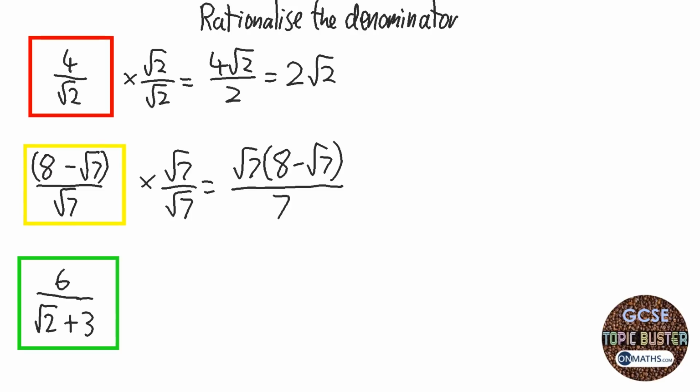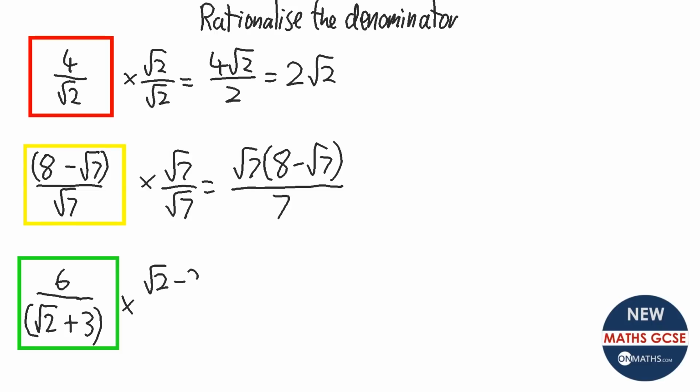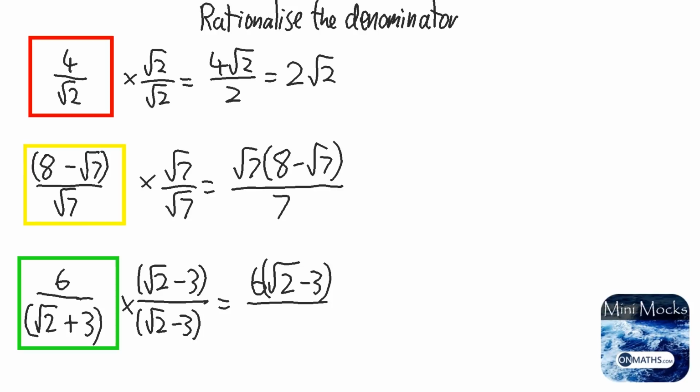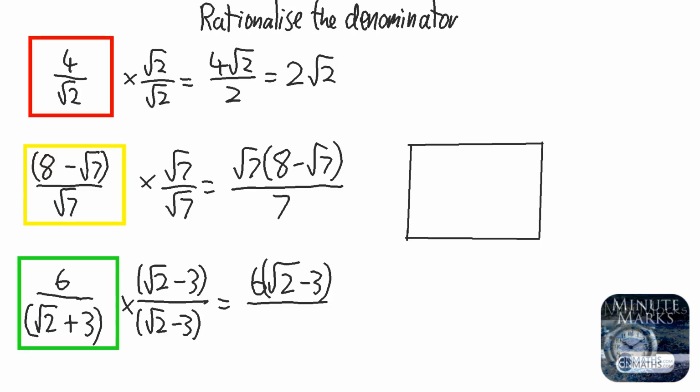That's absolutely fine. Okay, and the last one, we know that we've got to times top and bottom by root 2 minus 3, so the opposite sign as in the question. So that would be 6 bracket root 2 minus 3, and the bottom, well, we just need a bit of work to find out what it would be. Let's just do a crude grid.